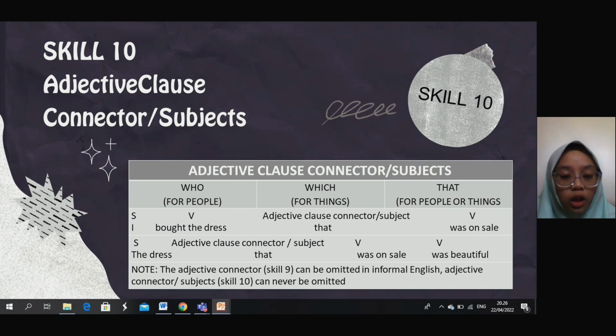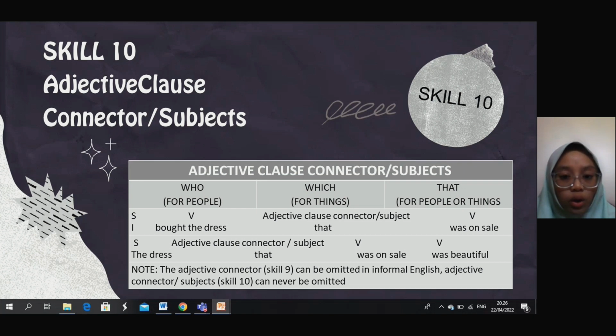Adjective clause connector or subject is the same as noun clause connector or subject. Namely, the connector functions for the connector itself and the subject, like who is for people, and goes straight to the verb, unlike whom.